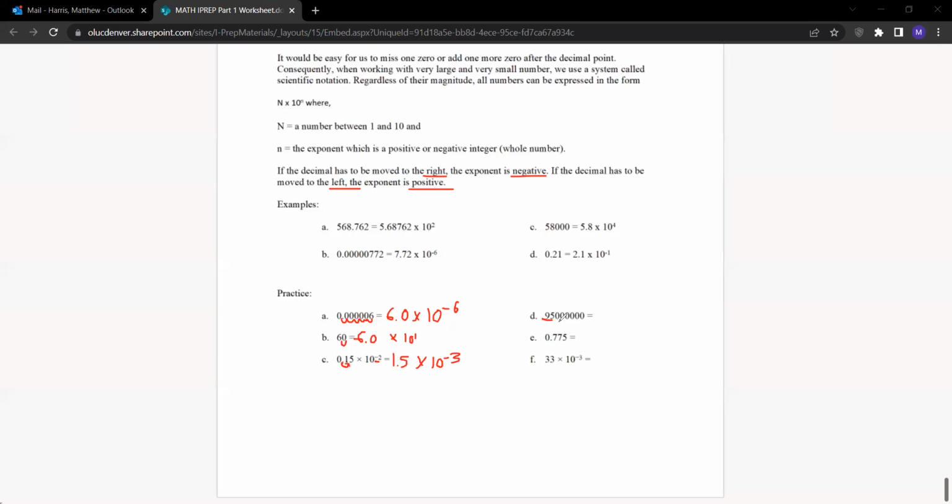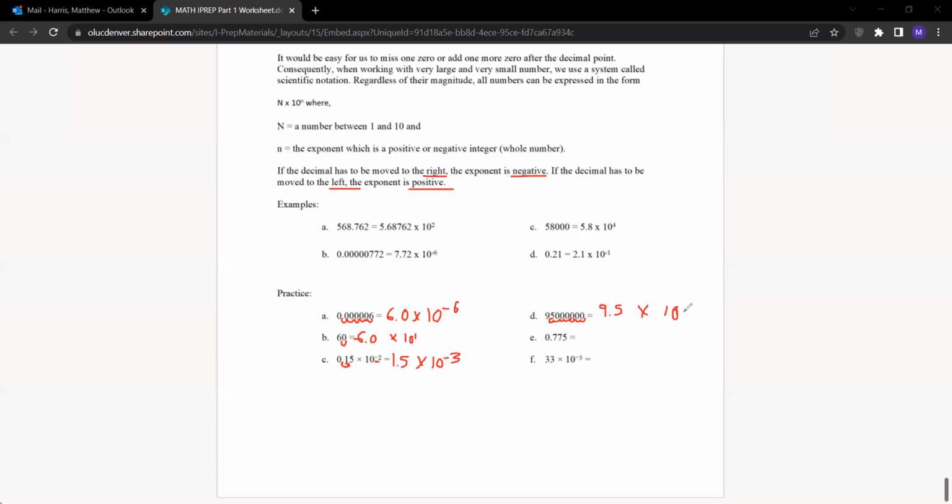All right, next up, we have this giant number here. Let's see how many spots we move. 1, 2, 3, 4, 5, 6, 7. So 7 spots. So you have 9.5 times 10 to the, is it positive or negative?